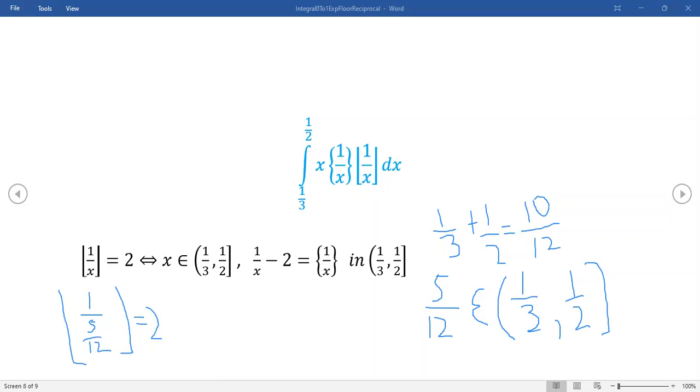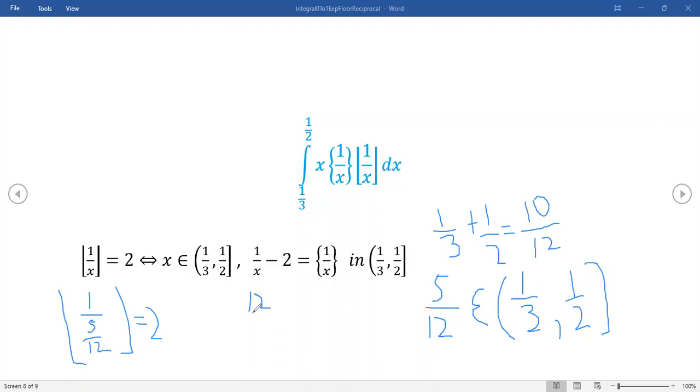Now, let's take a look at how that would work with this fractional piece right here. Now, this one's a little strange. The fractional part returns a number between 0 and 1, and it can return 0 too if it's an integer. But anyway, in a similar fashion, 1 over 5 over 12 would be 12 over 5, right?